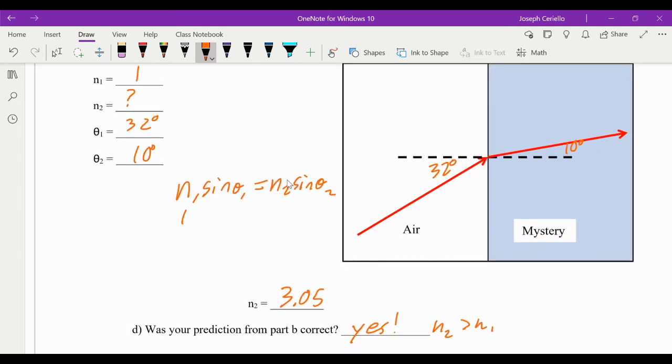So n1 is 1, sine of 32 degrees. n2 is our unknown, sine of 10 degrees. Sine 32 is about 0.53, times n2, and then sine of 10 is 0.174.